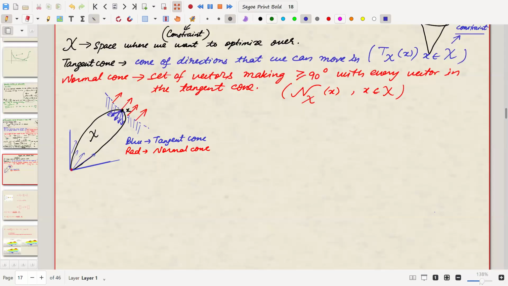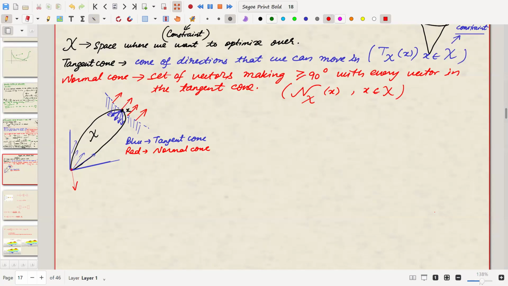Now what should be the normal cone? The normal cone should be the collection of all the vectors which make greater than or equal to 90 degrees with the blue vectors. Don't suddenly think of the whole space of the tangent cone. Draw one vector, draw several vectors, then you will get an idea how the tangent cone looks. Let us take this vector. What should be greater than 90 degrees? Can it be this?